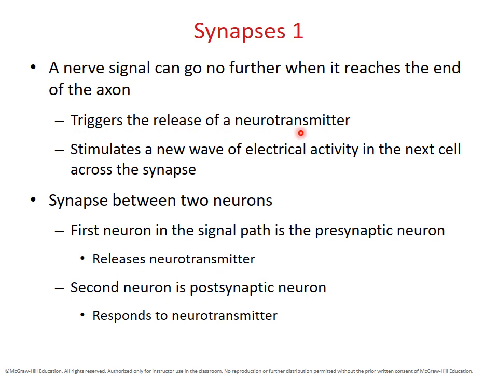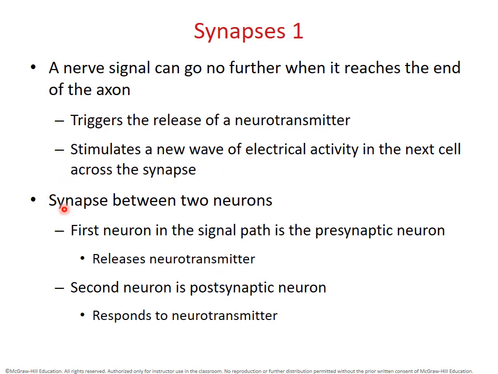And as we know, once that neurotransmitter binds somehow to the next cell across the synapse, that's going to create new action potentials, hopefully or potentially, in the next cell, or it's going to stimulate the next cell somehow. In the case of a glandular cell, of course, there is no subsequent electrical activity. In that case, we're stimulating the gland to secrete something. So it doesn't always stimulate new electrical activity in the next cell. It depends on what the next cell is.